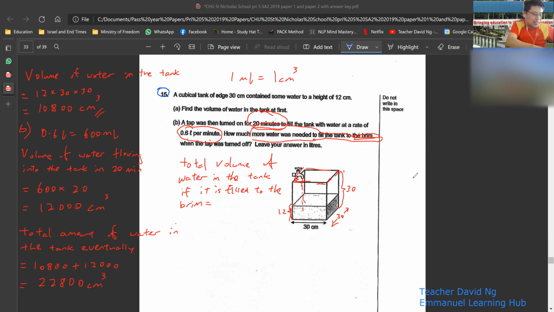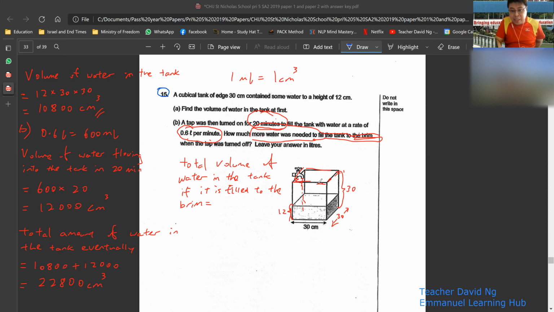If you know, just tell me the answer. Don't have to act as if you don't know. 22800 minus 10800. Why did you minus? You don't minus?